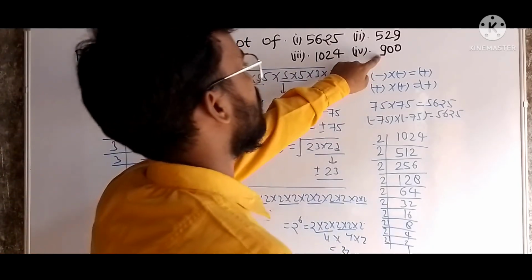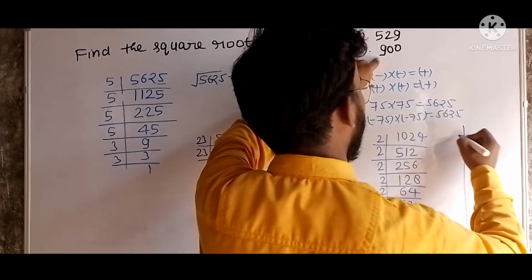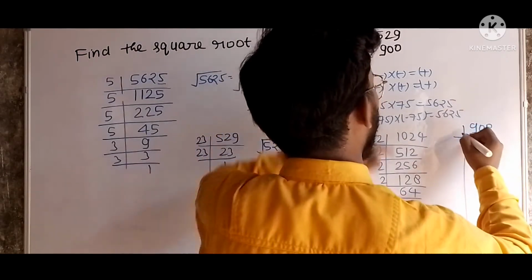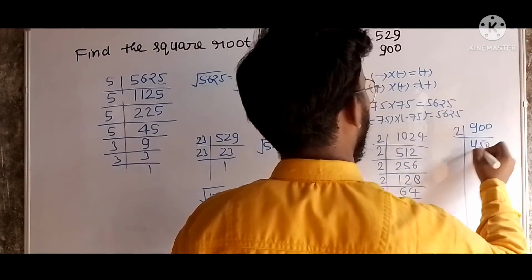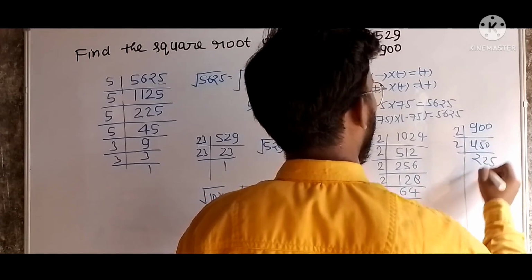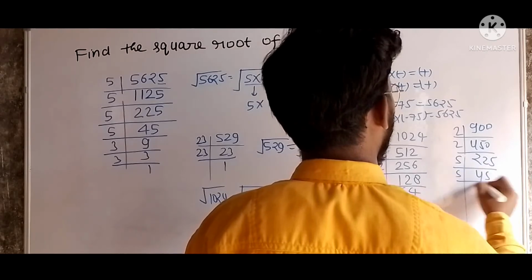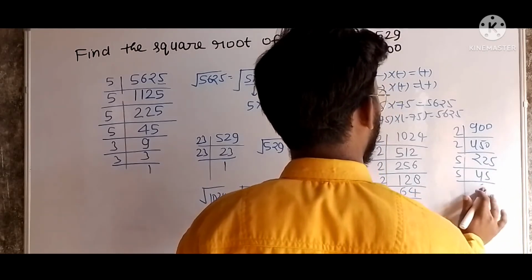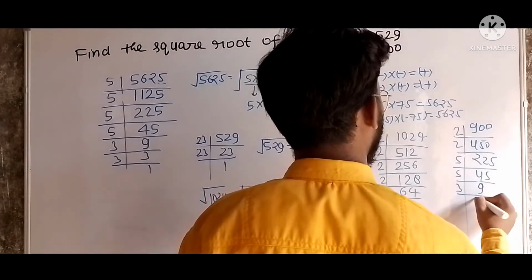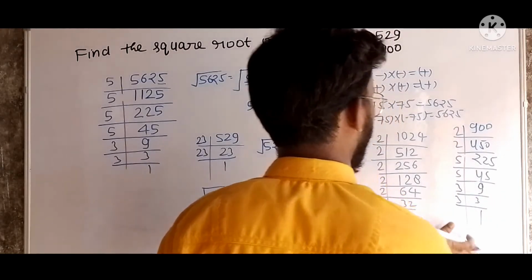Now for finding the square root of 900, first factorize. Divide by 2, then again by 2, then by 5, then by 5, then by 3, then here we get 1.